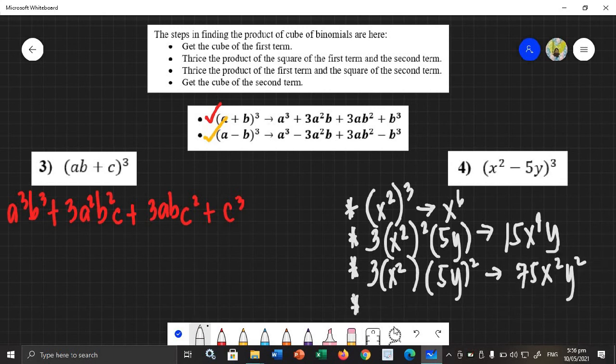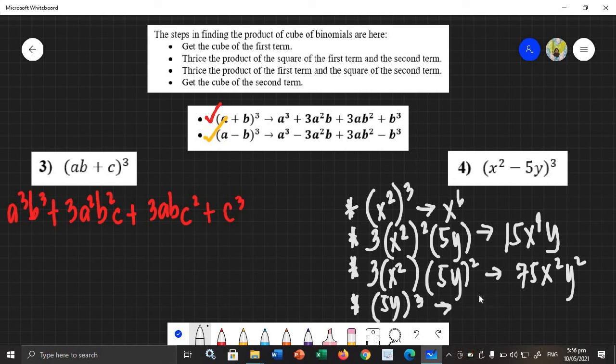And then last step, we need to get the cube of the second term. So the second term is 5y cubed.